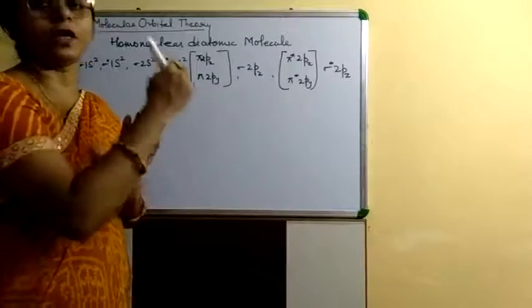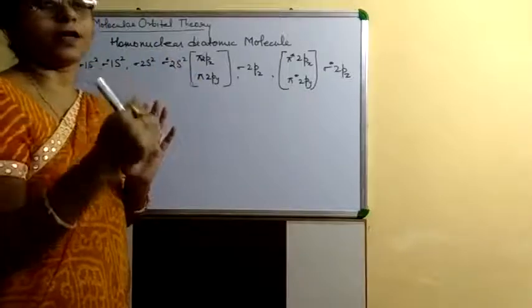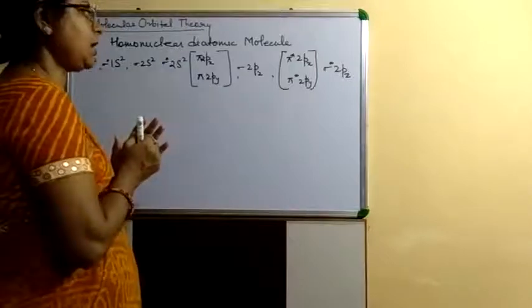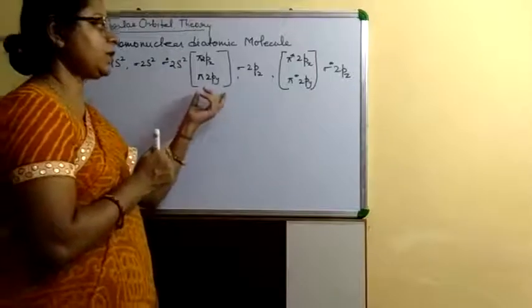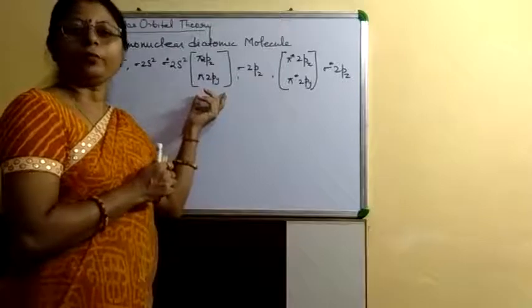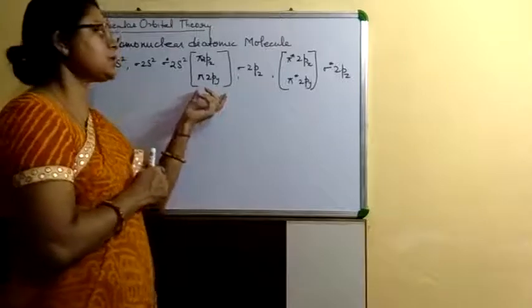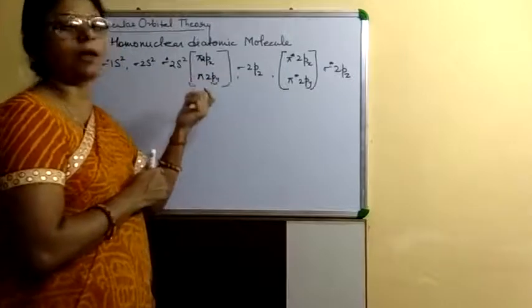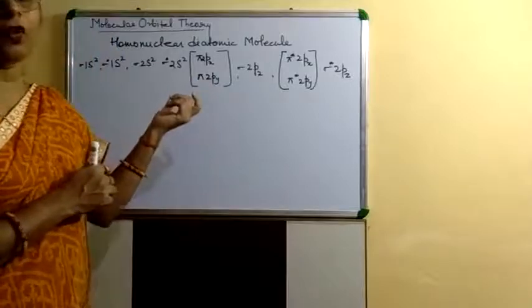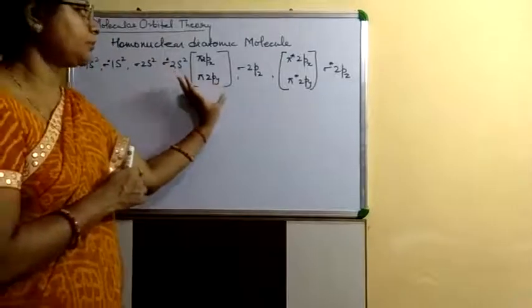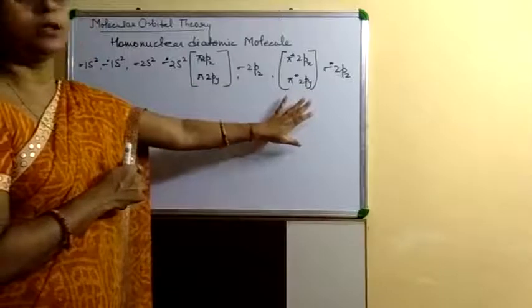The p orbitals along the x-axis and the y-axis have different orientations, but they have the same energy. So after forming the molecular orbitals, those having the same energy are formed, that's why we keep them together.